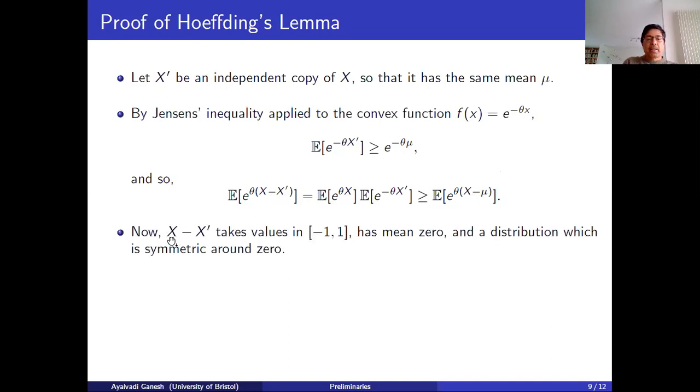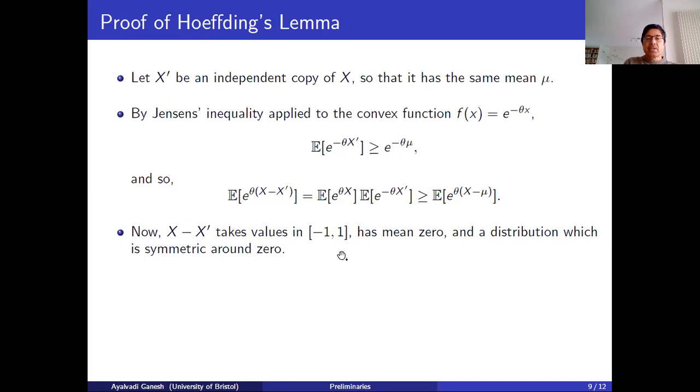Okay, now let's look at the random variable x minus x prime. Our starting assumption is that x was bounded on the interval 0 to 1. So this new random variable x minus x prime is bounded and lies within the interval -1 to 1. That should be obvious. Okay, and since these have the same distribution and the same mean, the difference has mean 0.